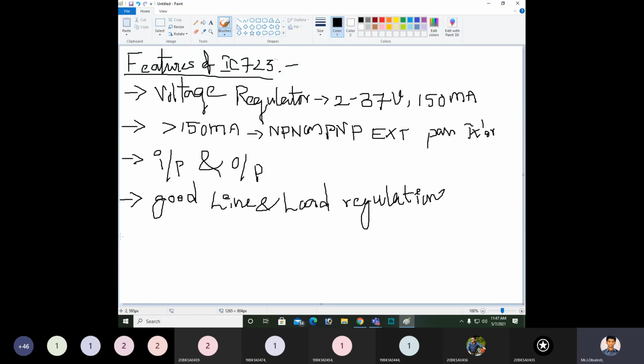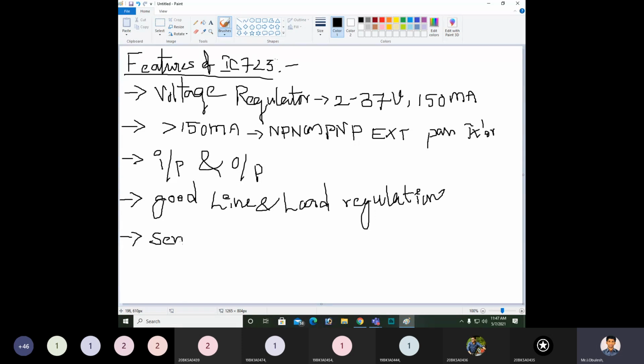The next point is, in this IC723 regulator we have a wide variety of applications of series, shunt, switching and floating regulators. We have a series voltage regulator, which we already discussed last class.